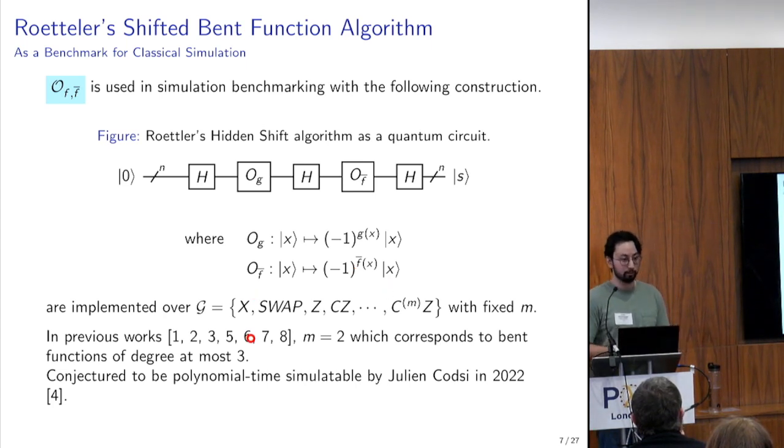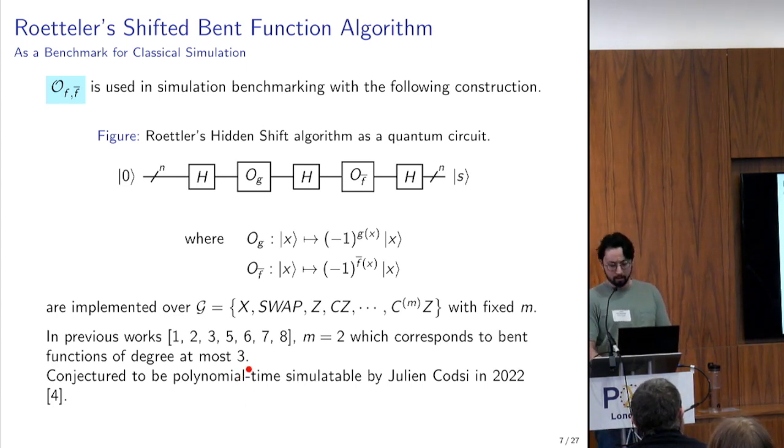And in previous works, without exception, m has been equal to 2. The reason for this is because the CC-Z gate can be implemented with some fixed number of T gates, and so they wanted to control the number of T gates in their benchmark.